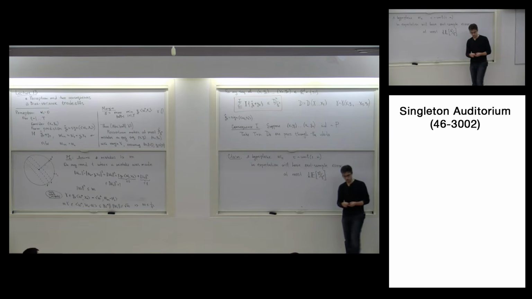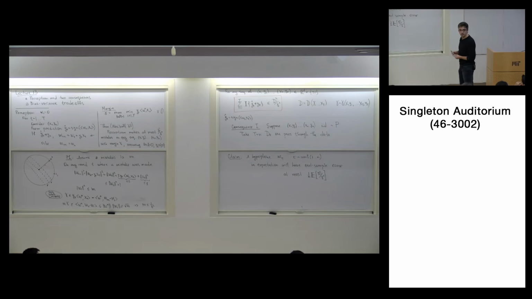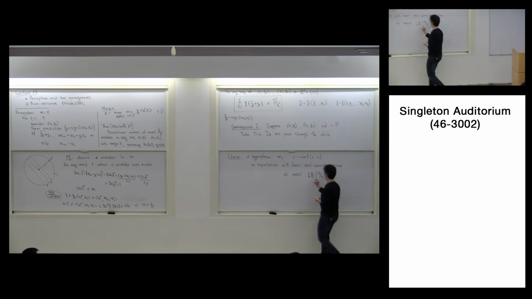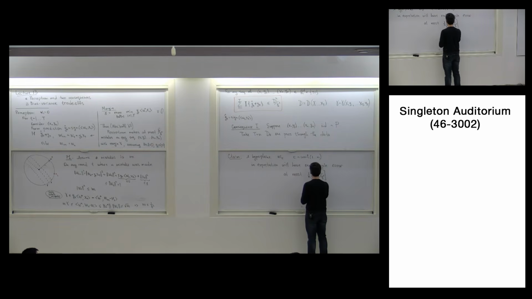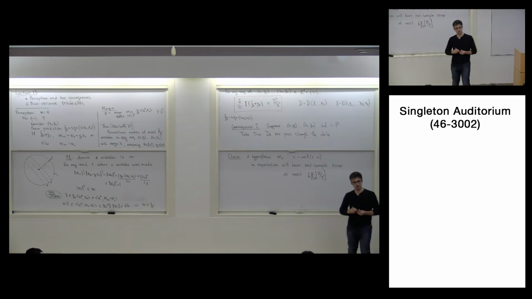So this expectation is not over... What is B? P. Yes, that's right. It is over the data set drawn from P to the n, right? So it's n independent copies.